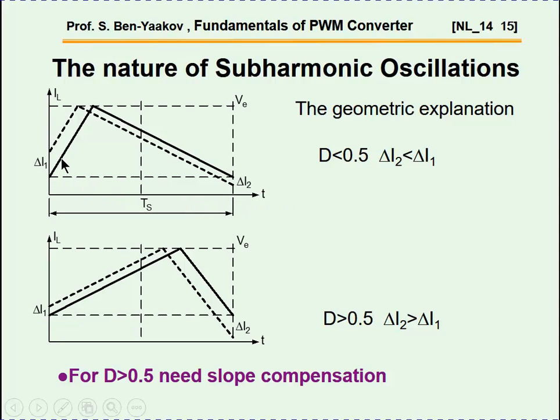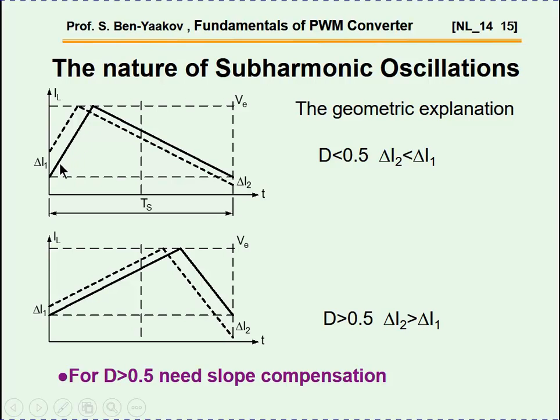So here is the inductor current, or actually the voltage proportional to the inductor current. Here is V sub E. And of course, as the current goes up, it'll hit this point. This is where the transistor turns off, and therefore we'll start seeing here a decrease in the current, because now we are in the off state of the converter.